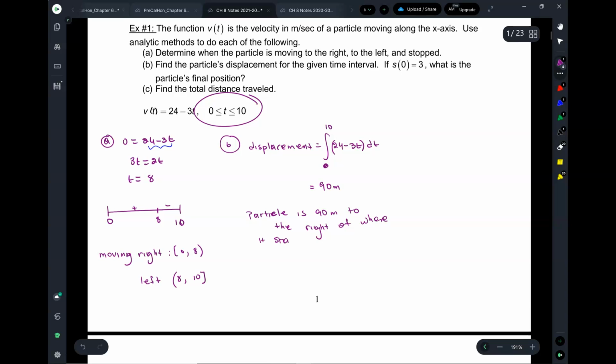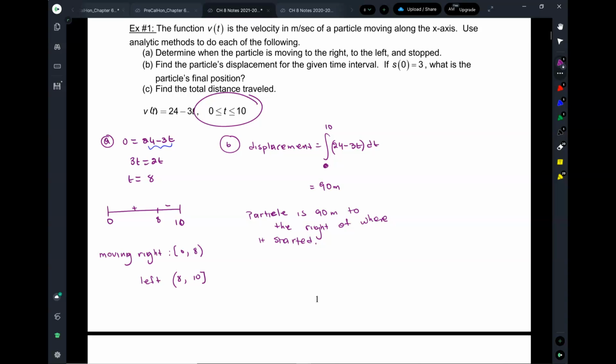Now, in the interim, in the middle, it could have moved to the right a little bit, to the left a little bit, then back to the right, then back to the left, and then back to the right, whatever. The point is, at the end of the 10 seconds, it is now 90 meters to the right of where it started. That's what displacement of positive 90 means.